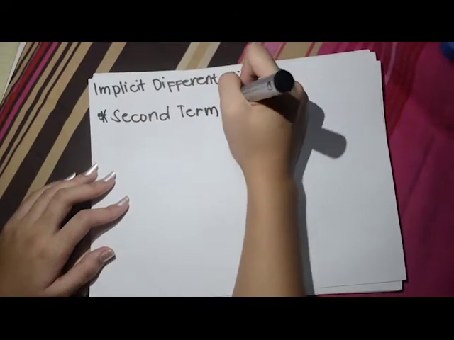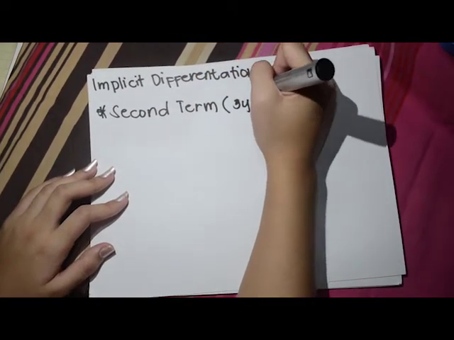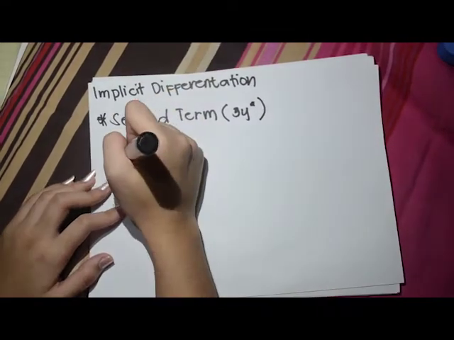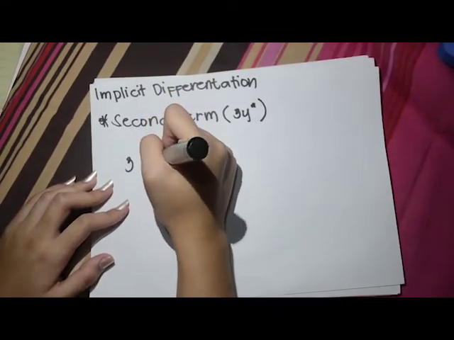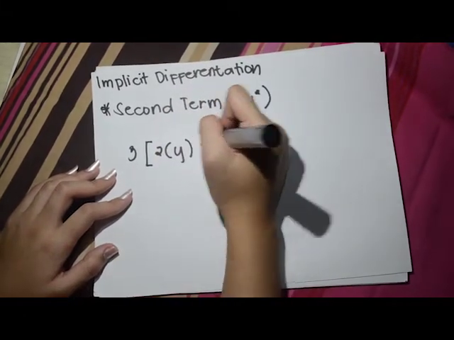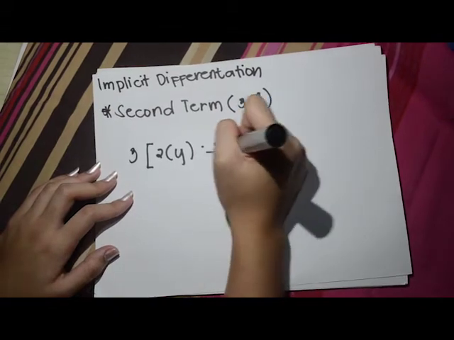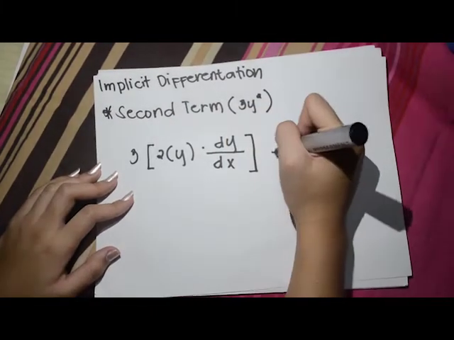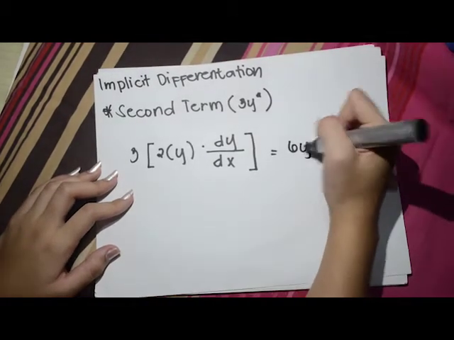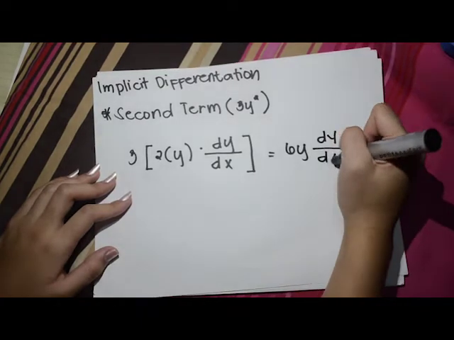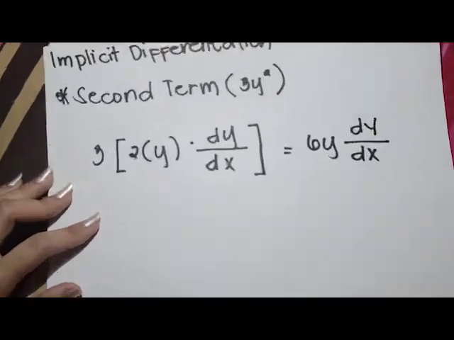Next, get the second term, which is 3y squared, and solve. Multiply 2y times dy over dx, which is equal to 6y dy over dx.